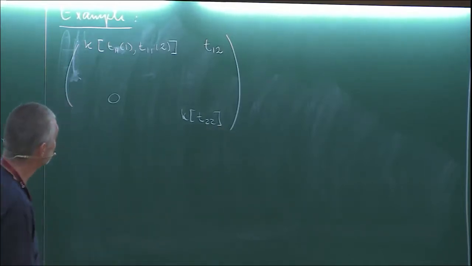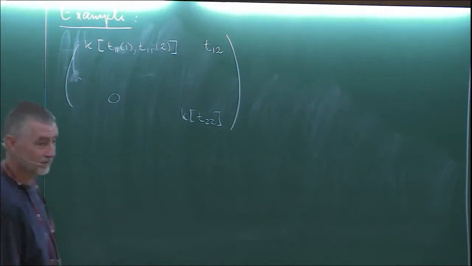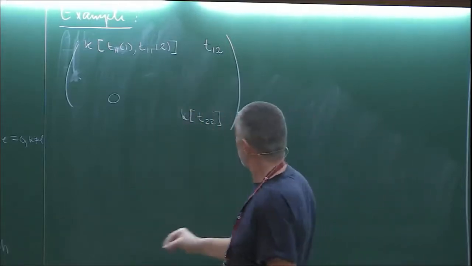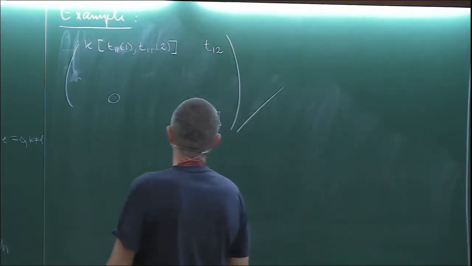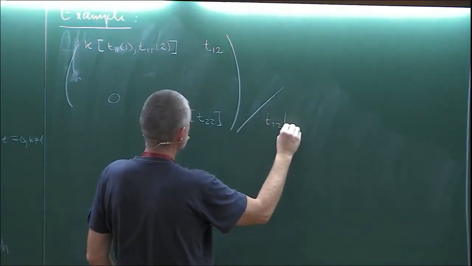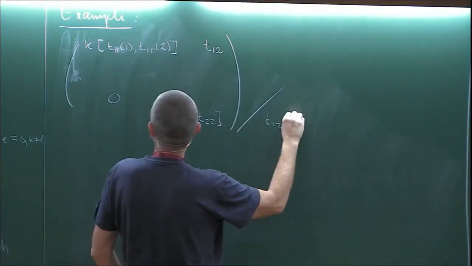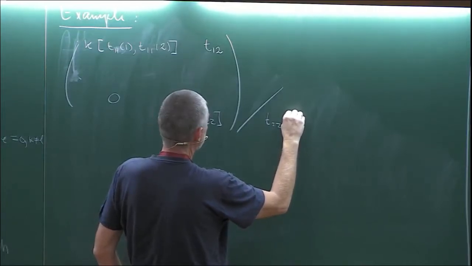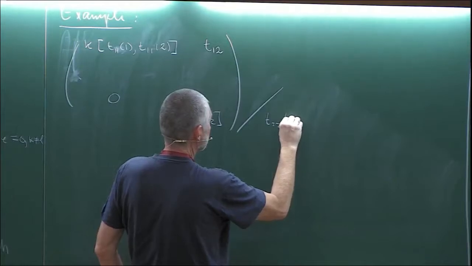So, like this one. 11 is of dimension 2. And I divide out by the ideal T22 times T22.